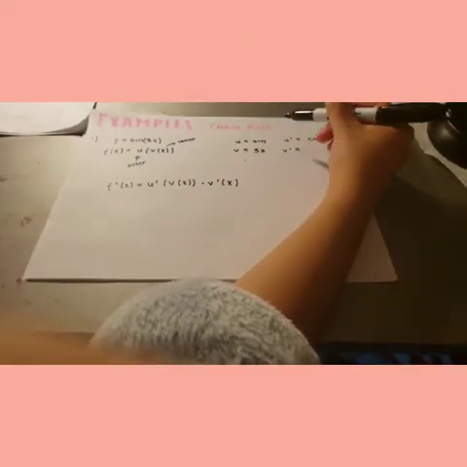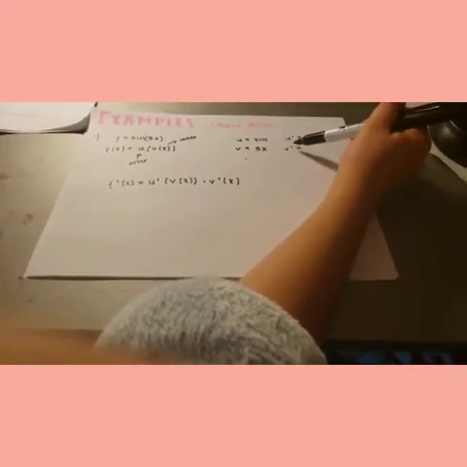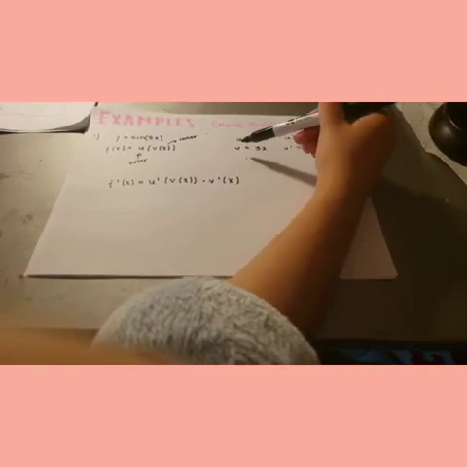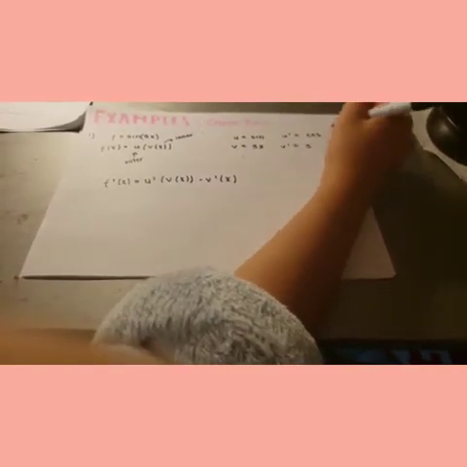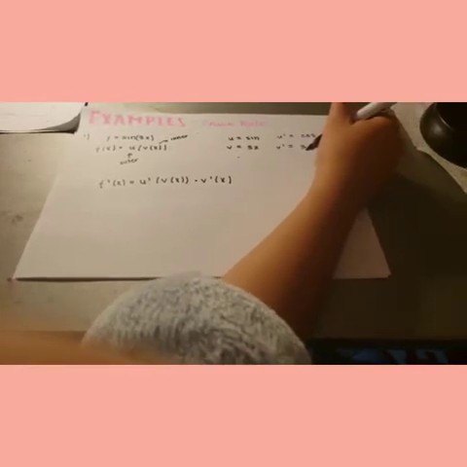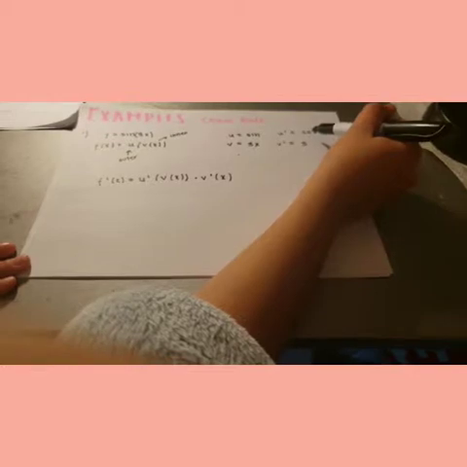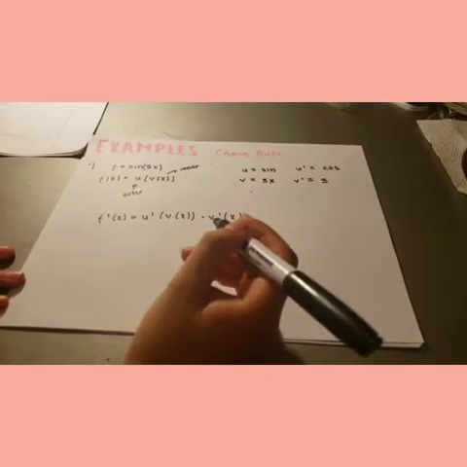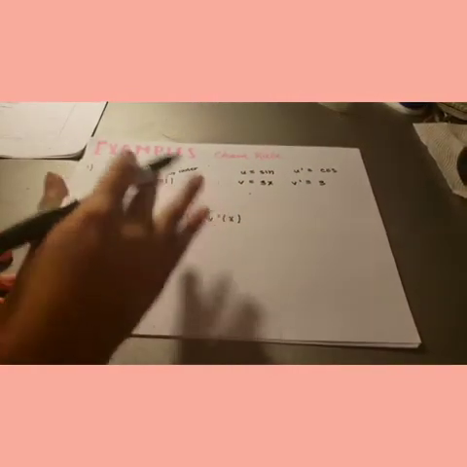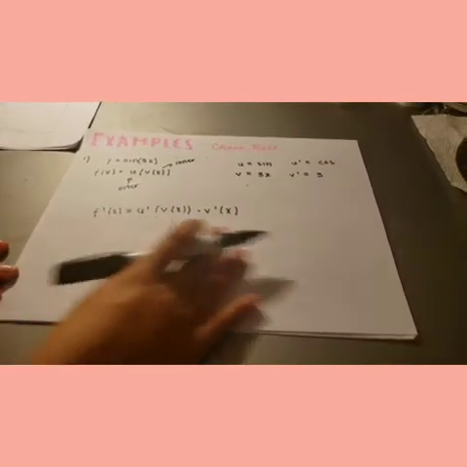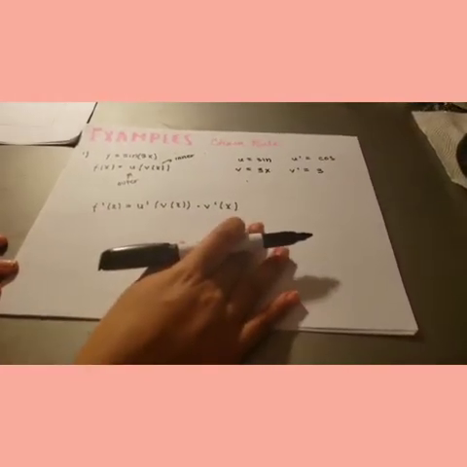But for right now, we should. So now, to find v prime of x, which is the derivative of v, we just have to get rid of the x, and v prime will be 3. So now that we have all these values, we can plug them back into the simplified chain rule equation.